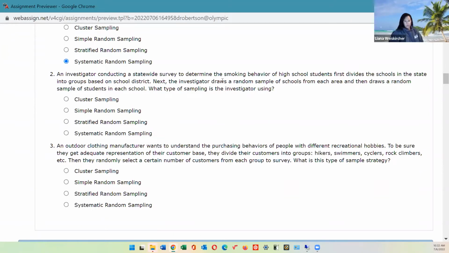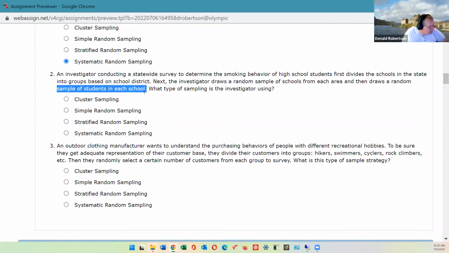And next, draws a random sample of students. Now it's a random sample of students. He doesn't ask all of them. So it's stratified random. Now, what's the difference? If it was a cluster, wouldn't you have to ask every single child in that school district, every single doctor in that hospital? But if they only ask a sample of it, that makes it a little bit different.